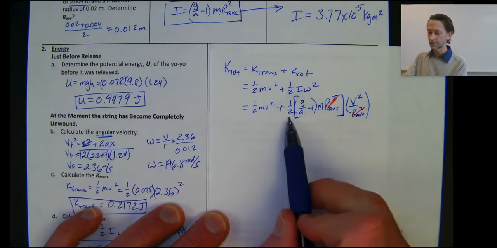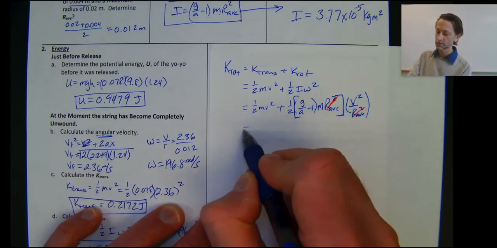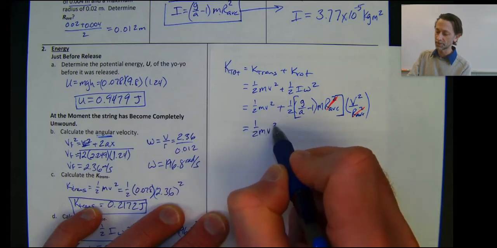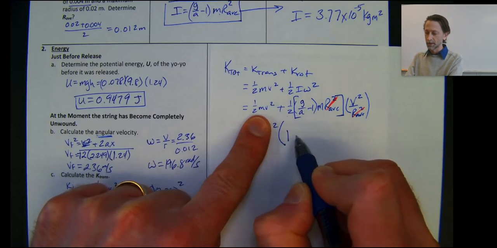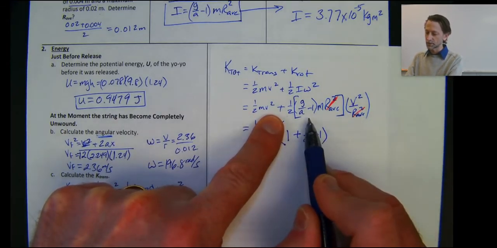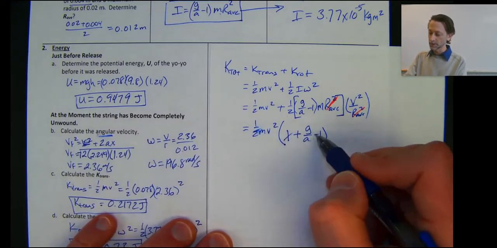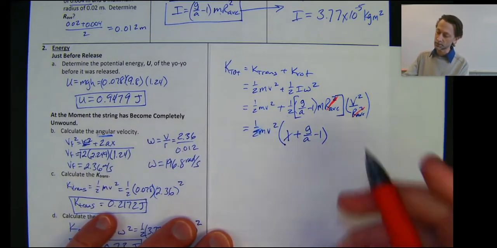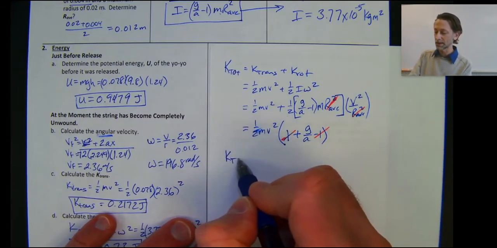And if you look, I have a term 1/2 mv squared and 1/2 mv squared, so I could pull a 1/2 mv squared out, and that'll give me 1 for this first term, plus the G over A minus 1 for the second term, because here's my 1/2, my M, and my V squared. Now, notice that my 1's will cancel out, so I can get rid of those 1's, and I end up with a value that is a total kinetic energy.